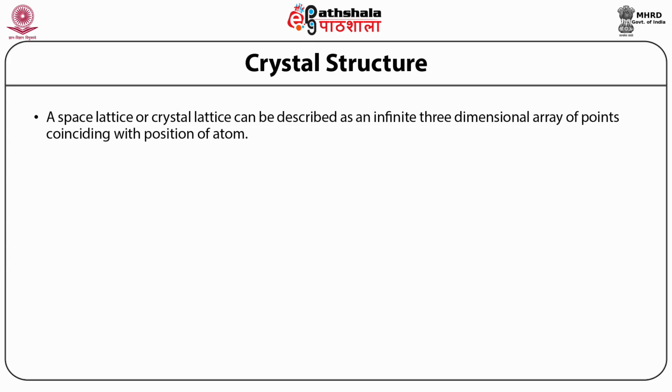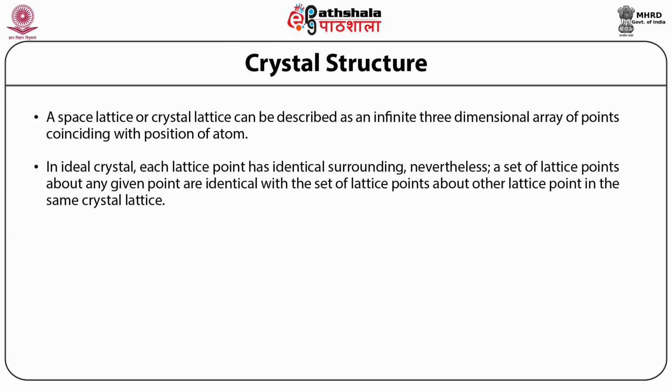A space lattice or crystal lattice can be described as an infinite three-dimensional array of points coinciding with the position of atoms, as shown in figure A. In an ideal crystal, each lattice point has an identical surrounding. That is, a set of lattice points about any given point is identical with the set of lattice points about any other lattice point in the same crystal lattice.